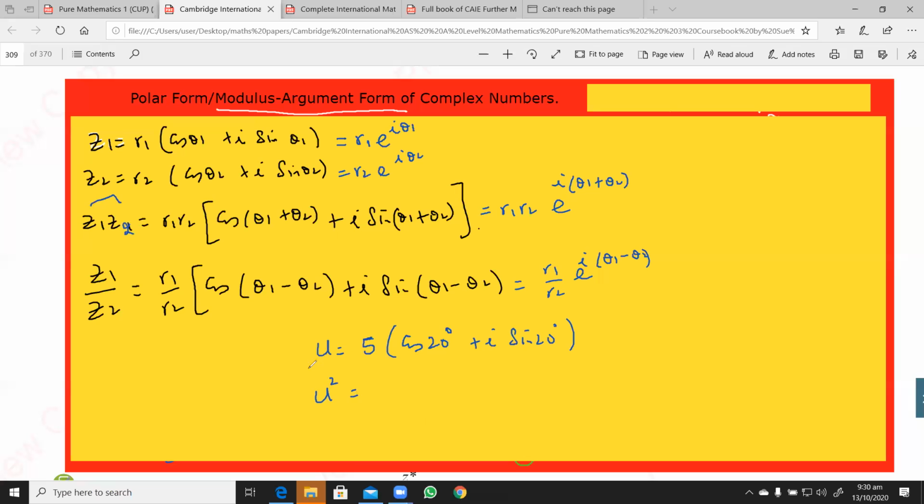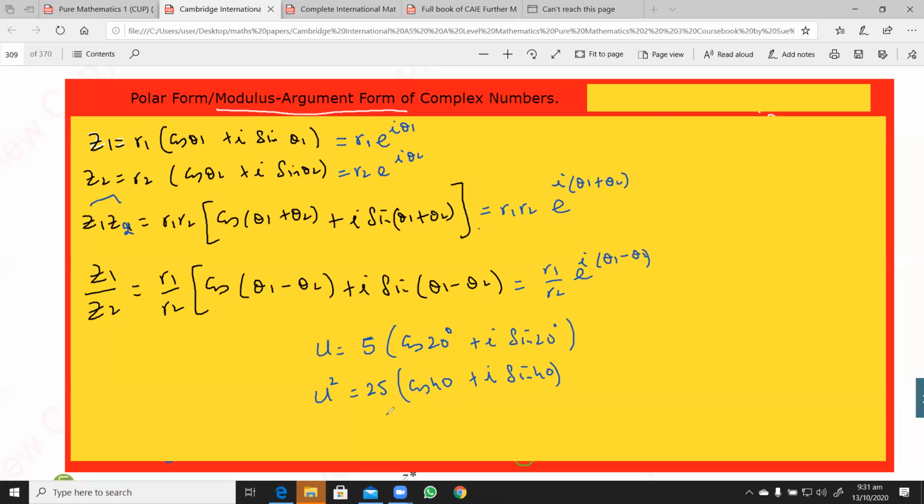When you do u into u, the modulus of u is 5 into 5, which gives you 25. And what will be the argument here? cos 40 plus iota sine 40. And you can find square roots much more easily, much faster, much quicker through this polar form. I'll tell you in 2-3 days how to do that.